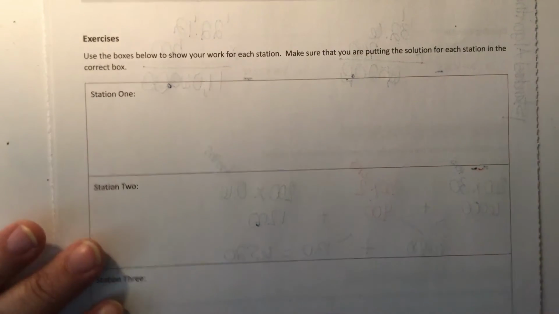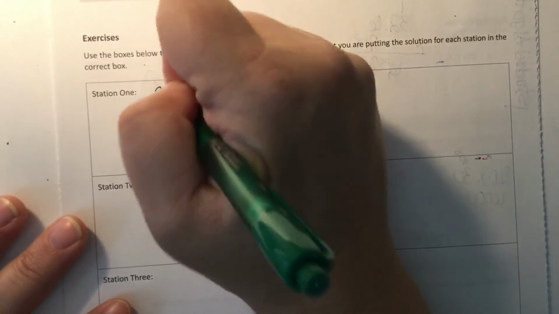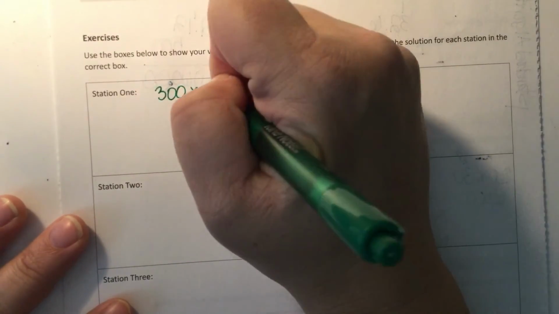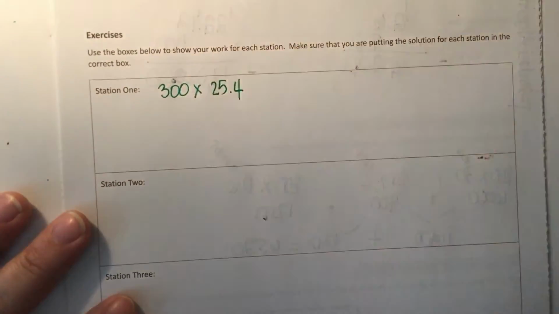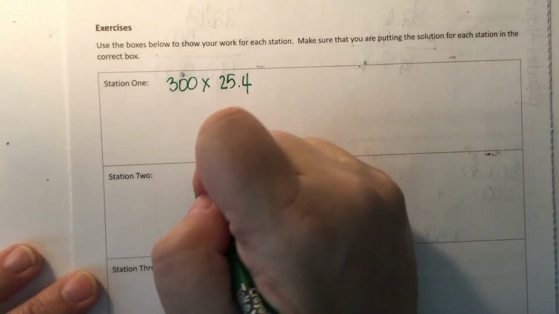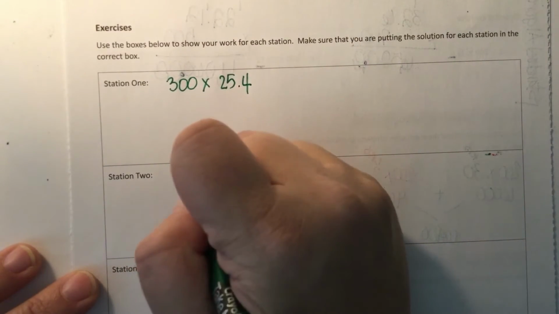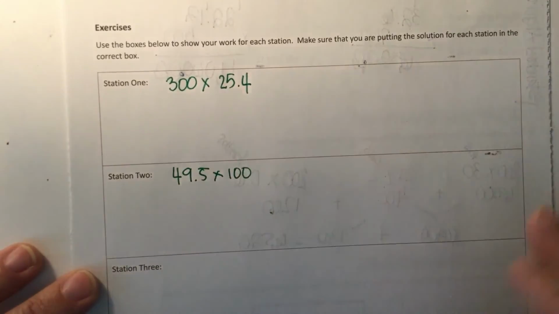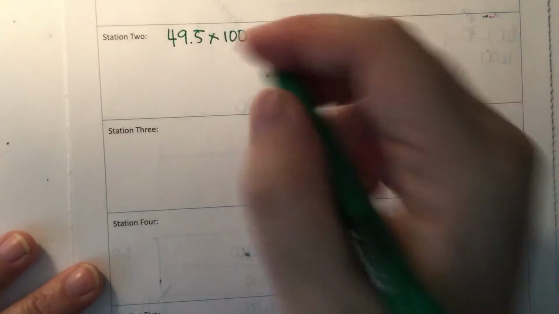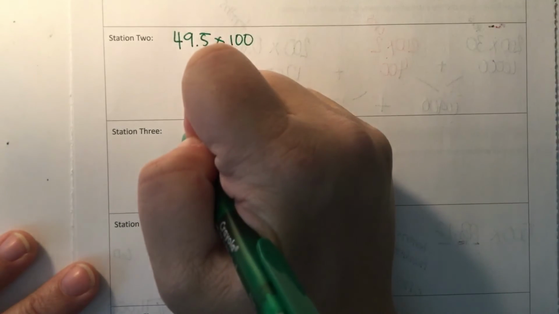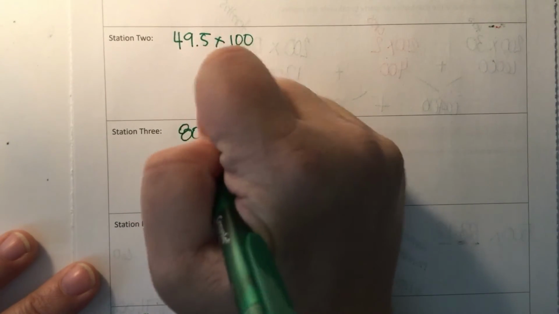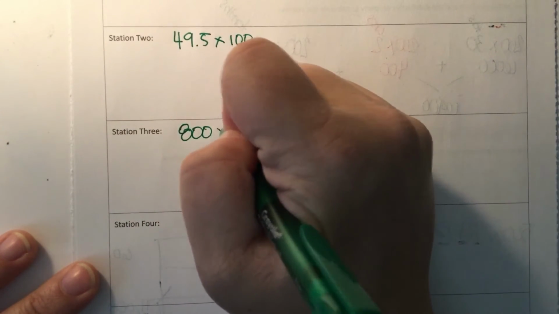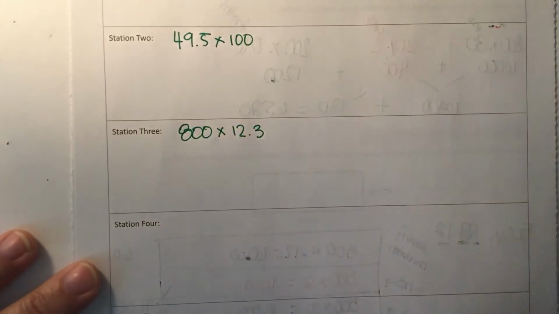So we have, the first one is 300 times 25.4. Okay. Number 2 is 49.5 times 100. Number 3 is 800 times 12.3.